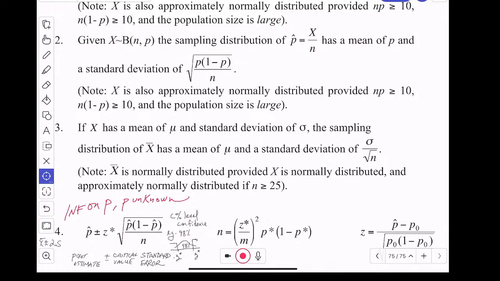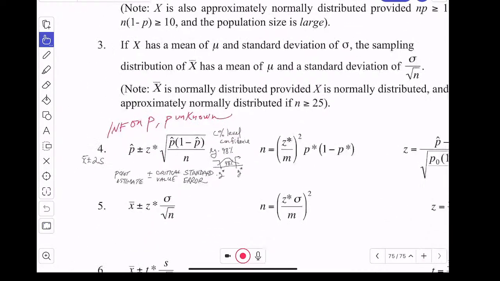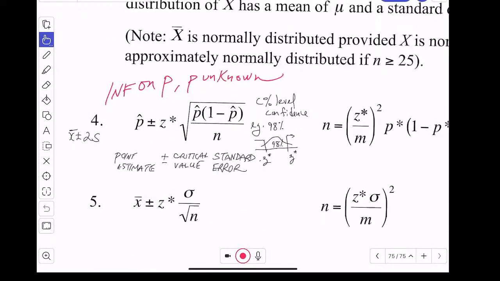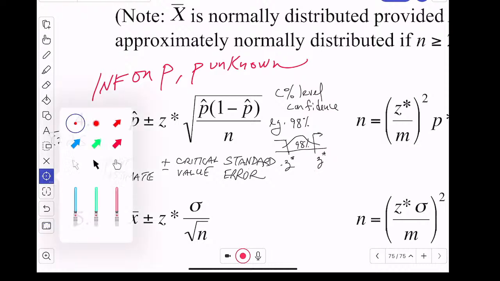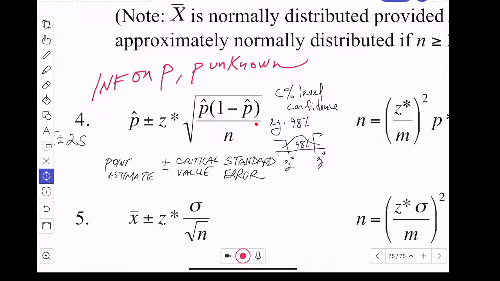So that's what gives us this result, but we don't have P. So we use our best guess of P hat instead. And because we can't calculate the true proportions, because we don't have the true proportion, we cannot calculate the actual standard deviation. We call this the standard error.